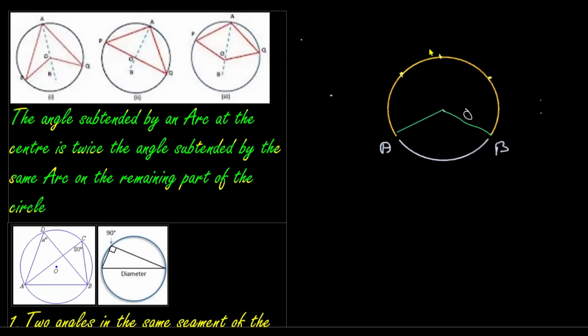If I ask you what is the angle subtended by the major arc AB at the center, many of you will say angle AOB, but that's not true. It is reflex angle AOB, as it is more than 180. So now we are talking about the angle subtended by this major arc at the center.